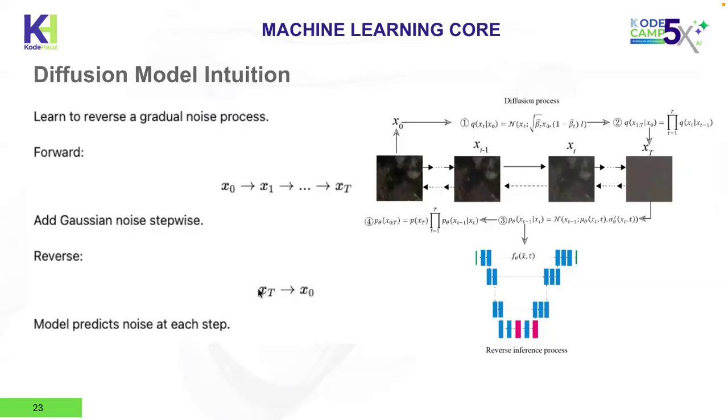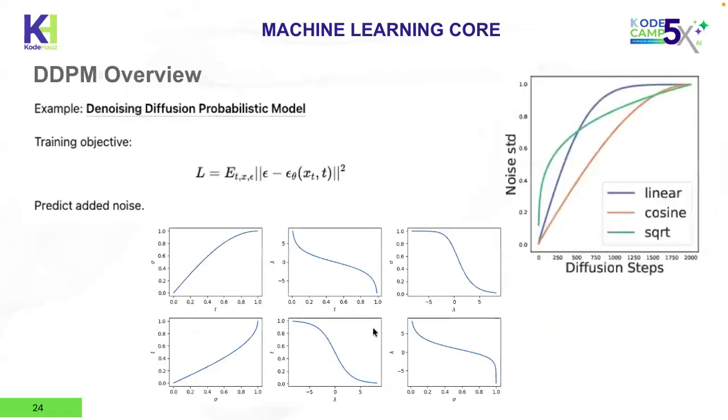So it learns to predict the noise at each step. After some time, it's able to do that on its own, on any random Gaussian noise. You give it random Gaussian noise and it applies what it learned.